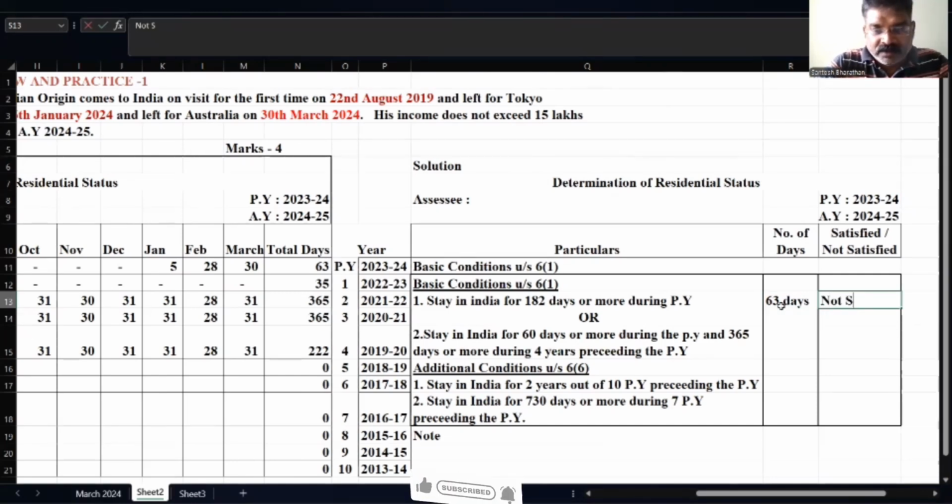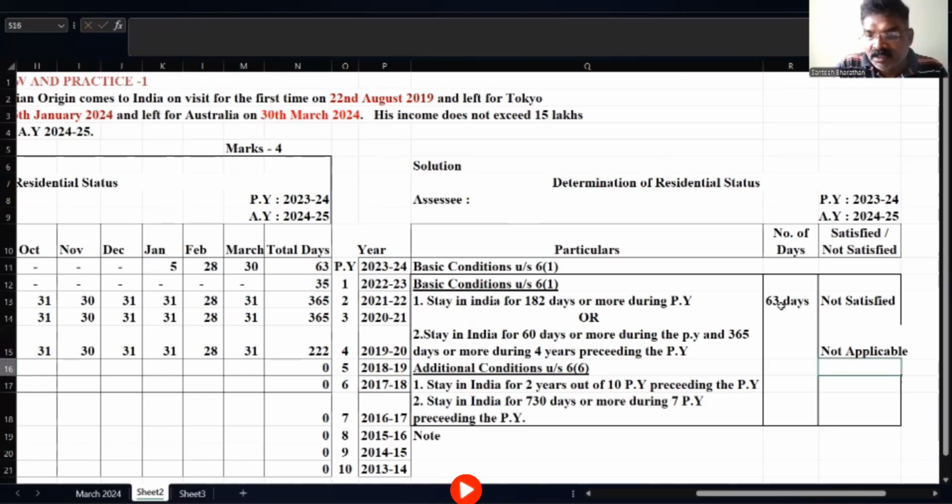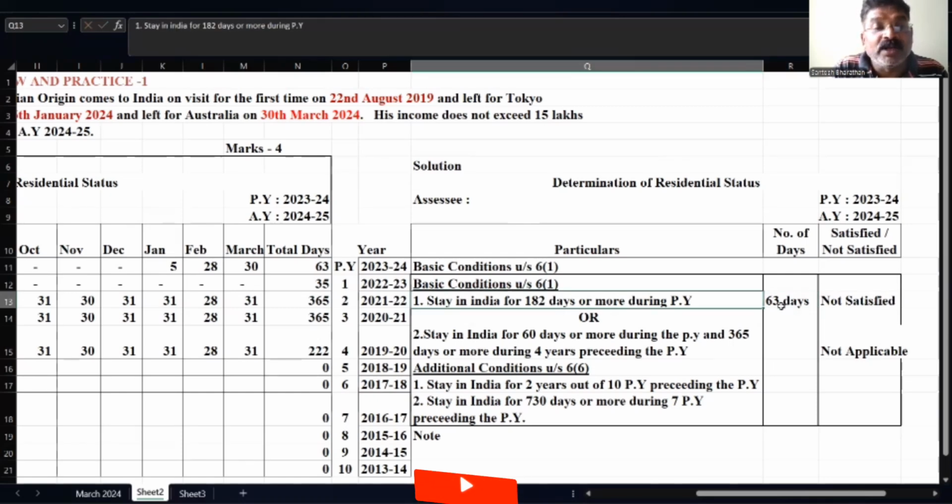Here, the second condition is not applicable. I'll write it not applicable. Additional conditions again not applicable. Since he has not satisfied the basic condition, he is called a non-resident.